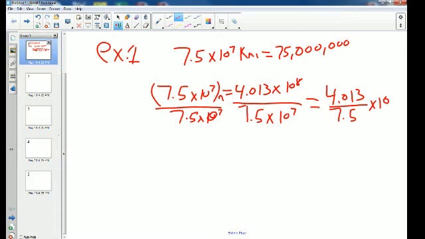And when you divide 4.013 by 7.5, you get 0.54 times 10, which gives you 5.4 times farther. There we go.